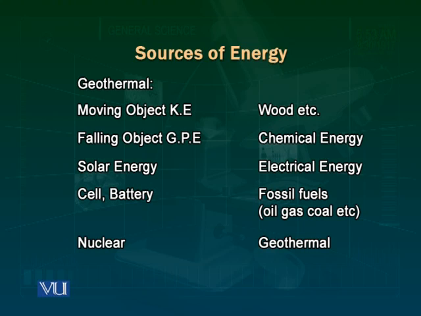Water falls, it turns the turbine, and we convert the gravitational potential energy in a hydroelectric power plant to produce electricity for us. We have solar energy. You can have solar panels and run your batteries on that. You can have batteries, of course, which will run different appliances. You have nuclear energy, which is the energy present in the nucleus, which we harvest as we go along. And like we have said, you also have geothermal energy.